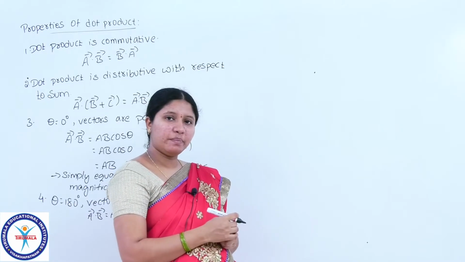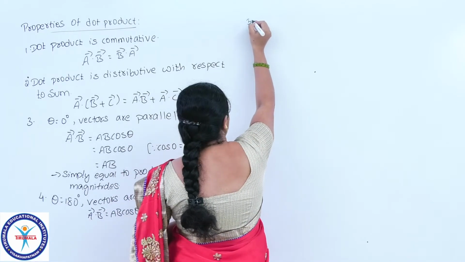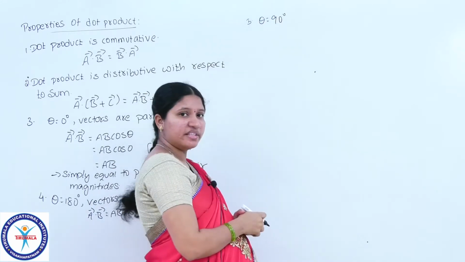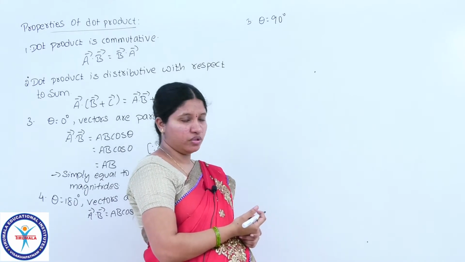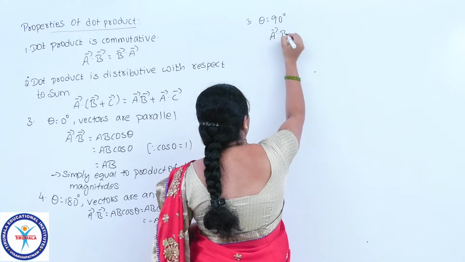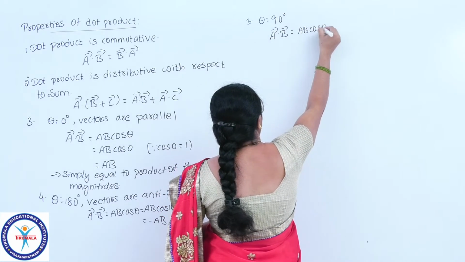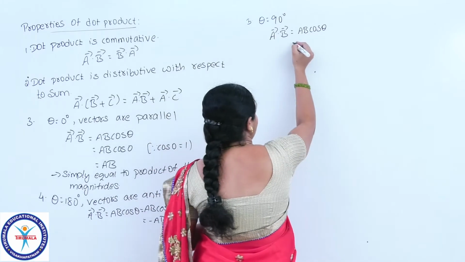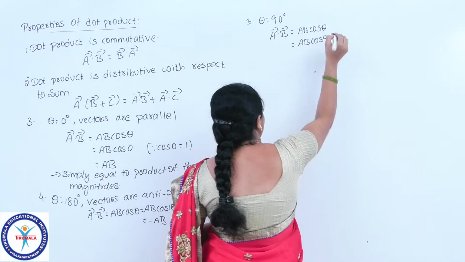If the angle between two vectors is 90 degrees. So the next property is if theta is equal to 90 degrees, then we can say that the two vectors are perpendicular to each other. So already we know a bar dot b bar is equal to ab into cos theta. So substitute the value of theta as 90, we get ab into cos 90.